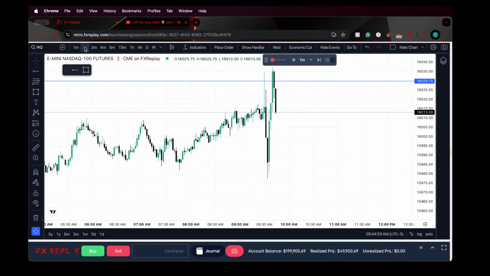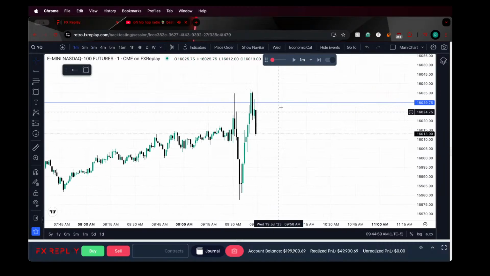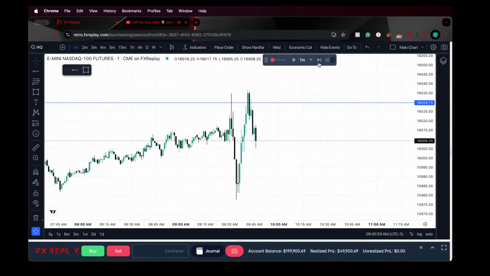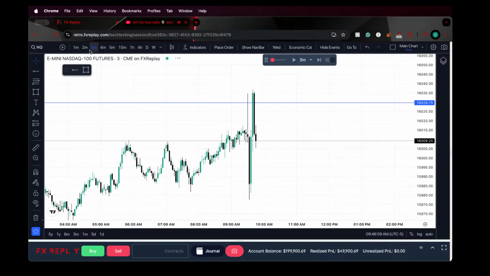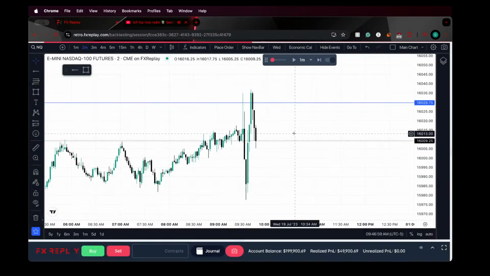That's right. Like the fact that we came down. I don't know. The weekly lows there. Two-minute did inverse, right? This one right here did inverse. I might take that 2-minute.